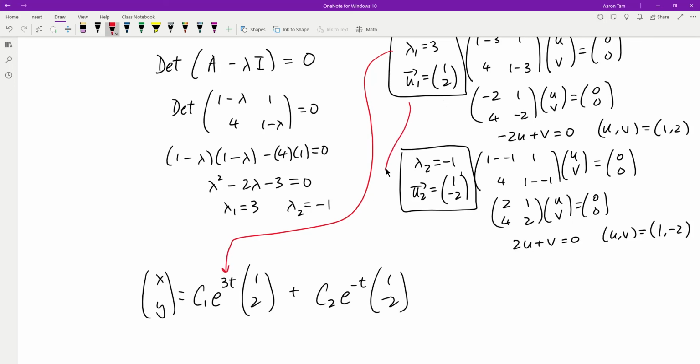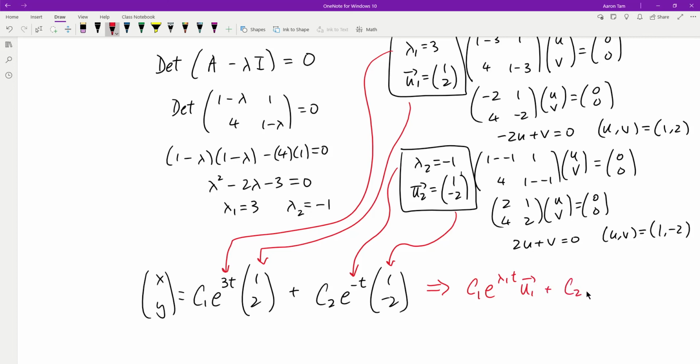The eigenvector (1, 2) is right here. The eigenvalue lambda 2 is right here. And the eigenvector is right here. Implying that our solution actually takes this form: c1 e to lambda 1t multiplied by vector u1 plus c2 e to lambda 2t multiplied by vector u2.